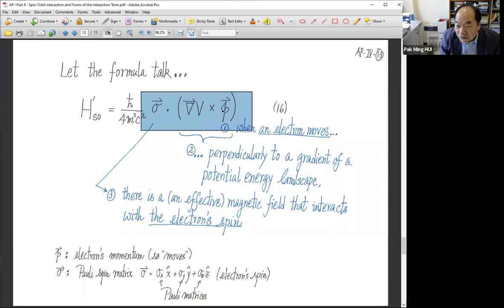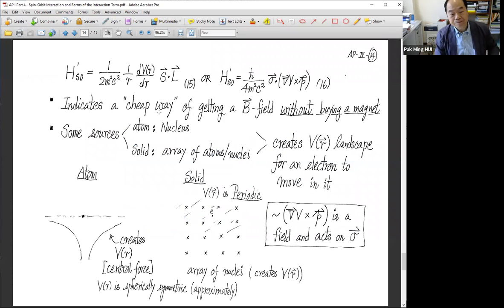So even in that case, the electron moving in such a situation, as long as it's not parallel, so it is moving, there is some cross product remaining, there will be a magnetic field that is affecting the electron's own spin. And that's the conclusion. Okay? It's rather fascinating, I would say.